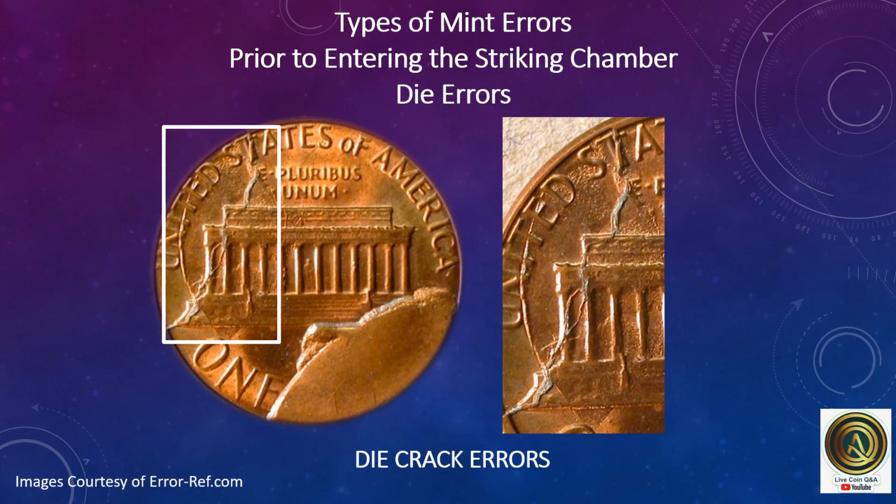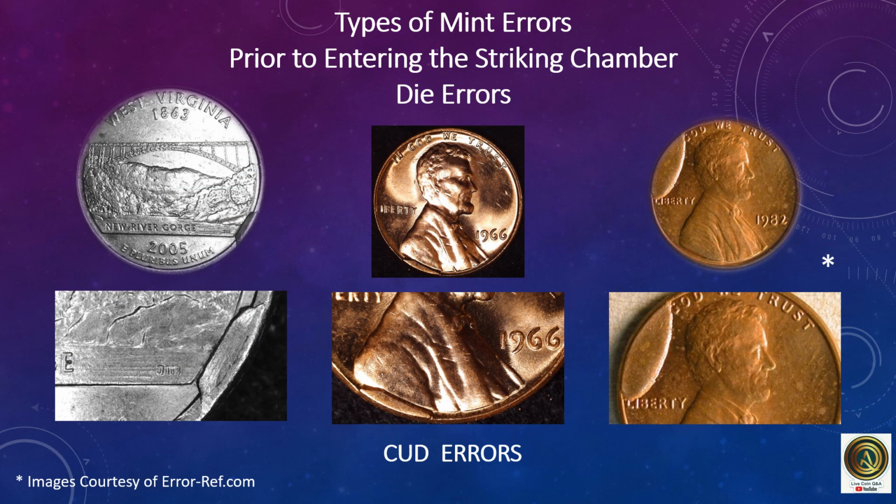This is an example of die crack error. Here's examples of some cud errors. This is damage to the die, causing the appearance and displacement of the metal when the planchets are struck.